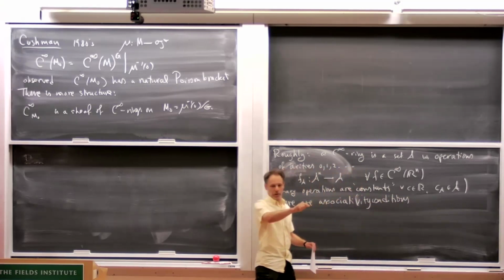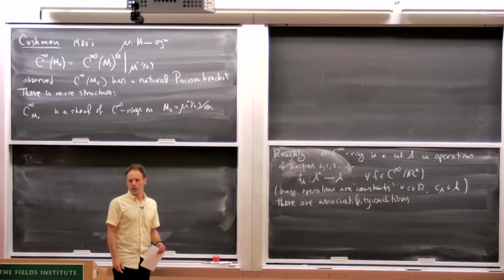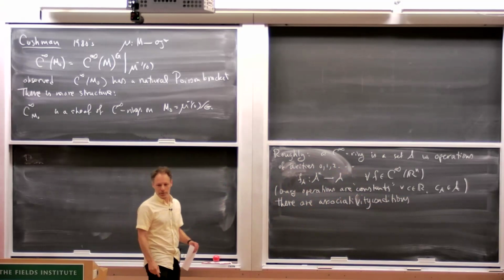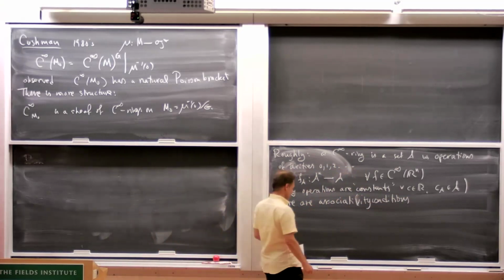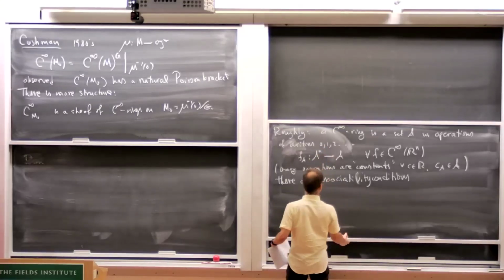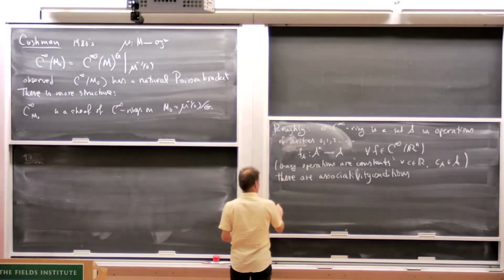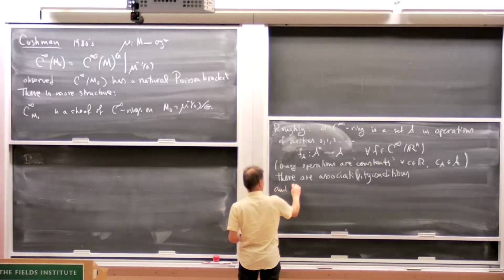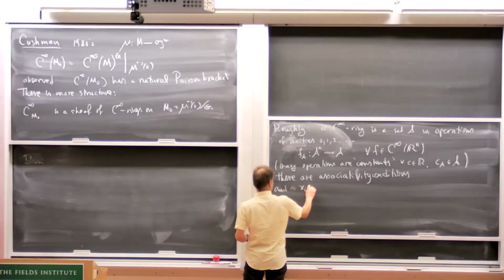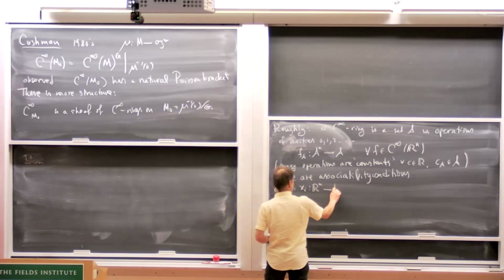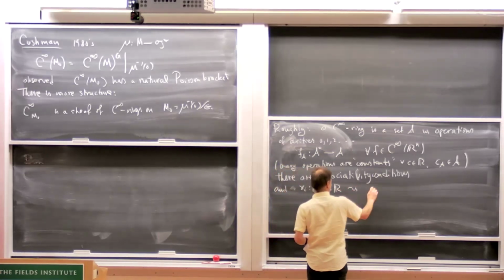So if you have a bunch of operations, you put them together, you compose with another operation, that should be associative, right? And what a weird thing to do. And you also want the projection maps, the smooth functions on R^n, to give you projections.